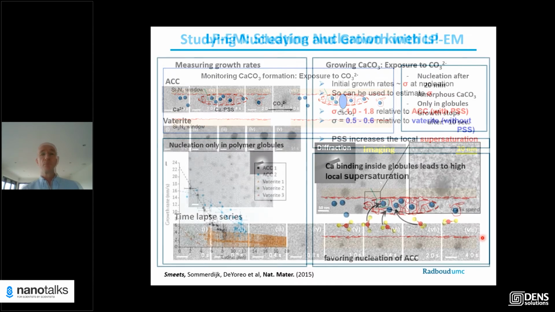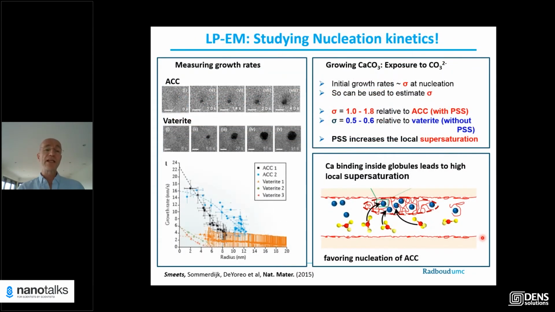And then we come to the thing that we can find in liquid phase electron microscopy that we cannot find in other forms of electron microscopy. And that is that by putting all these pictures together in a timeline, we can actually work out the kinetics of the process.